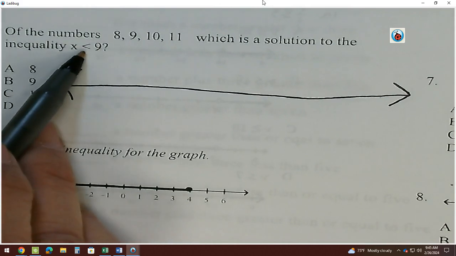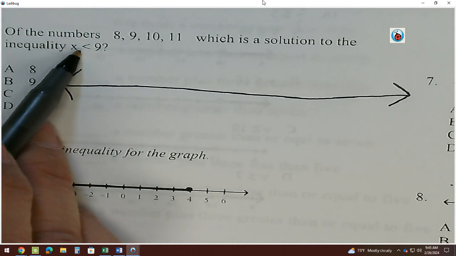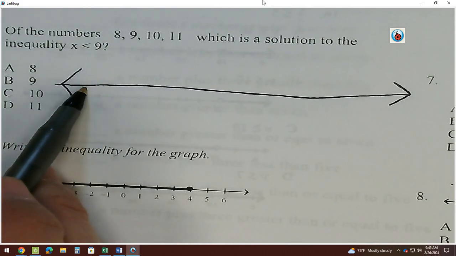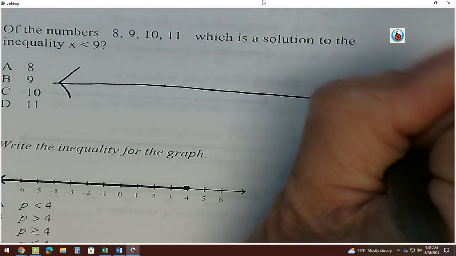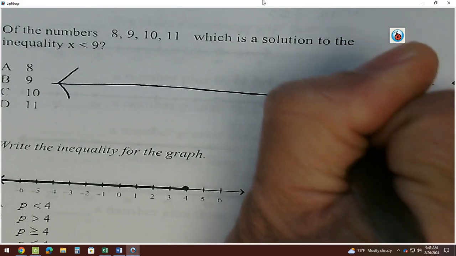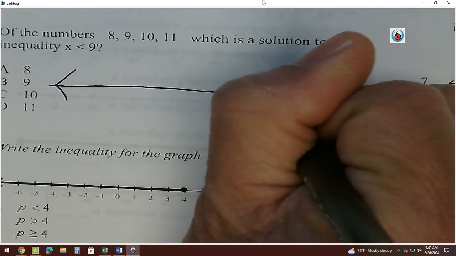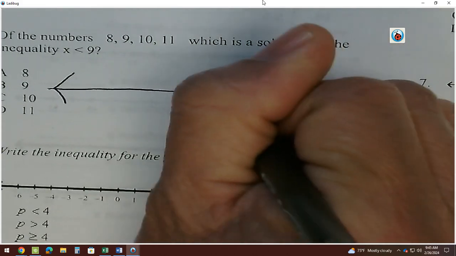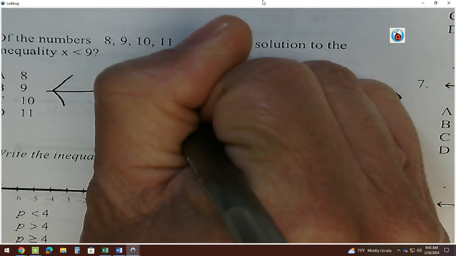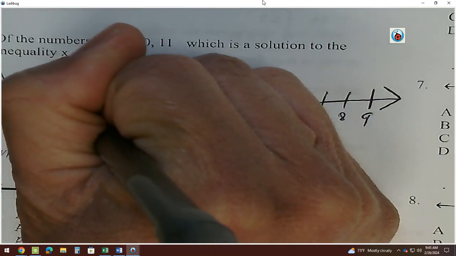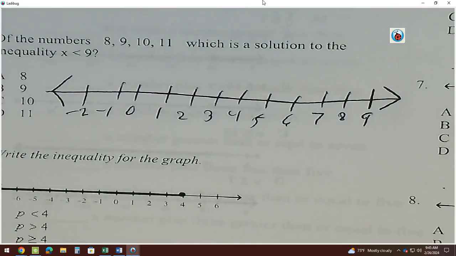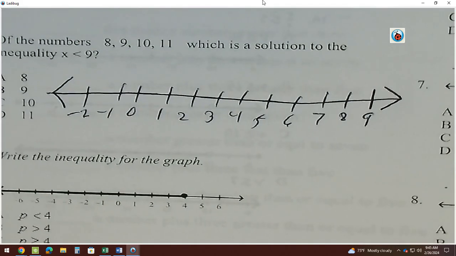Now, if this symbol had shown greater than, guess where we put the 9? Over here, because we're going to shade that way. So I'm going to put here 9, 8, 7, 6, 5, 4, 3, 2, 1, 0, -1, -2. Es lo que me cabe a mí. Whatever te cabe a ti, pues es lo que pones.